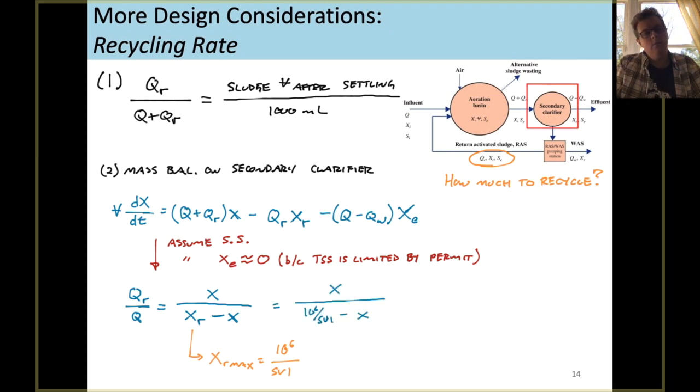And so we can use this equation, QR over Q equals X divided by 10 to the 6th over SVI minus X, to actually estimate that return flow QR. And I'll note what you're doing here is you've approximated this as the maximum return flow rate. And so what that means is you're figuring out here what is the minimum return flow that I ought to keep.